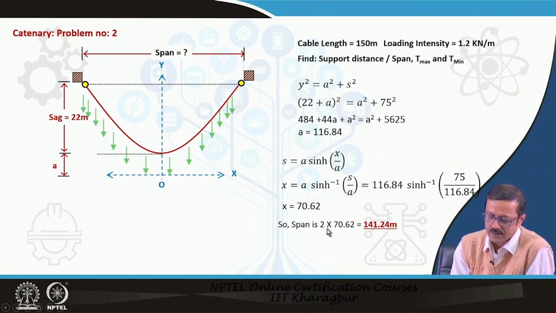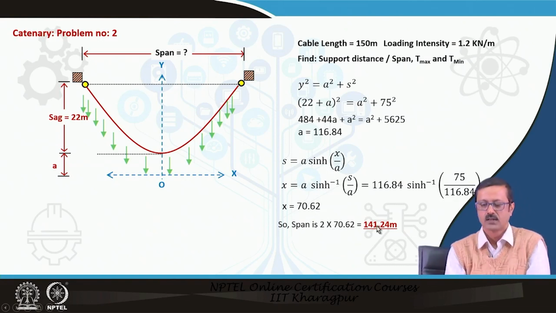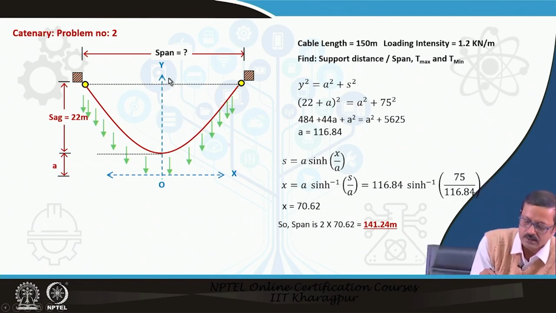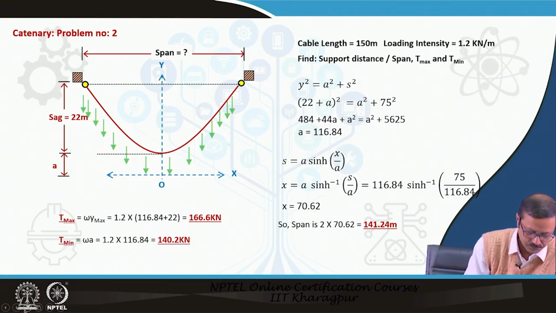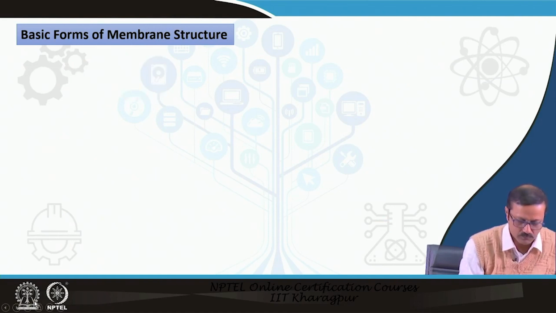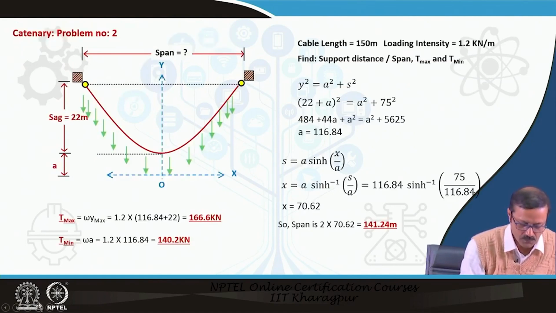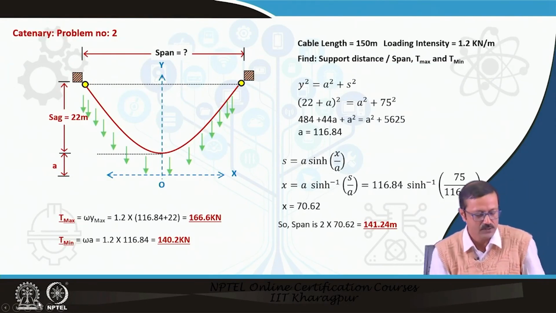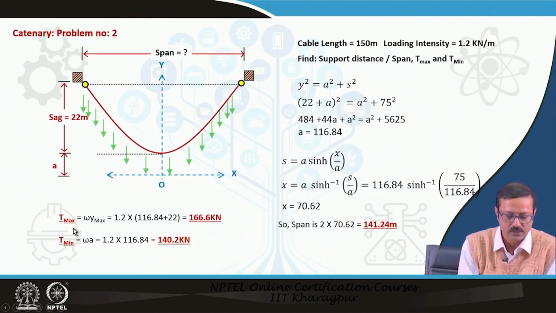That means your span is twice of that, 141, because x is this length, sorry. So it is 72, and I also found the T max and the T minimum by virtue of omega into y max and omega into a. This is a, and y max is your a plus sag 22.